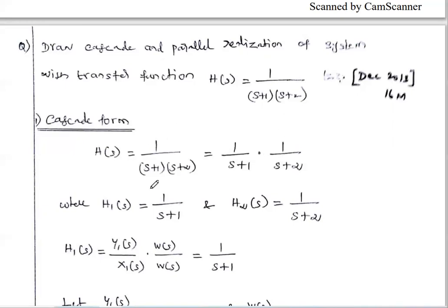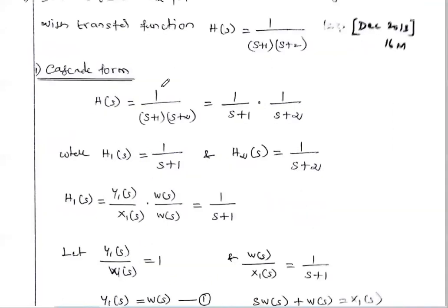Split this as 1 divided by s plus 1, into 1 divided by s plus 2. 1 divided by s plus 1 is H1, and 1 divided by s plus 2 is H2. Both are first order systems. So we split the second order system into a multiplication of two first order systems. First step over.